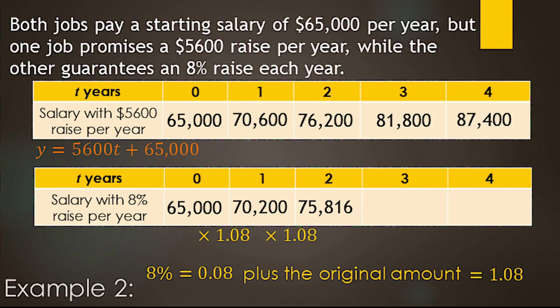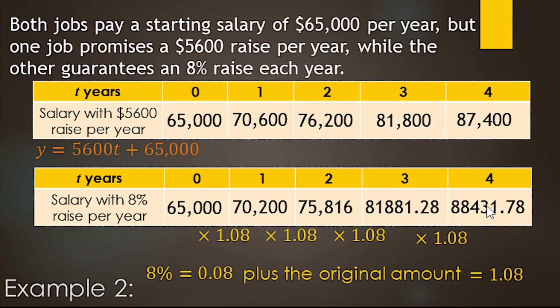Year 3, he gets another 8% raise, so multiply by 1.08. Now he's at $81,881 and some change there. And then after that year, going into the fourth year, another times 1.08. So now he's at $88,431.78. So we can see at some point here, he ends up getting a better deal.